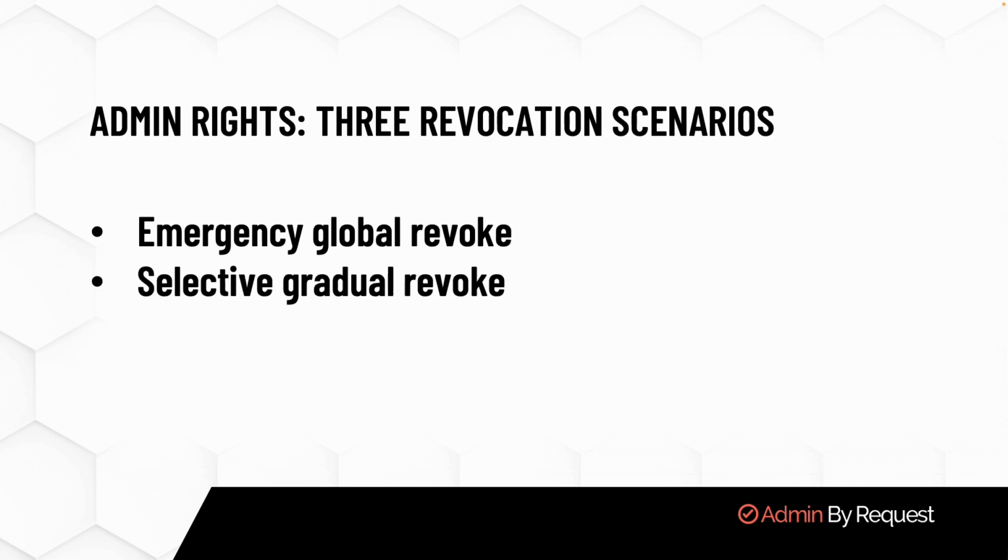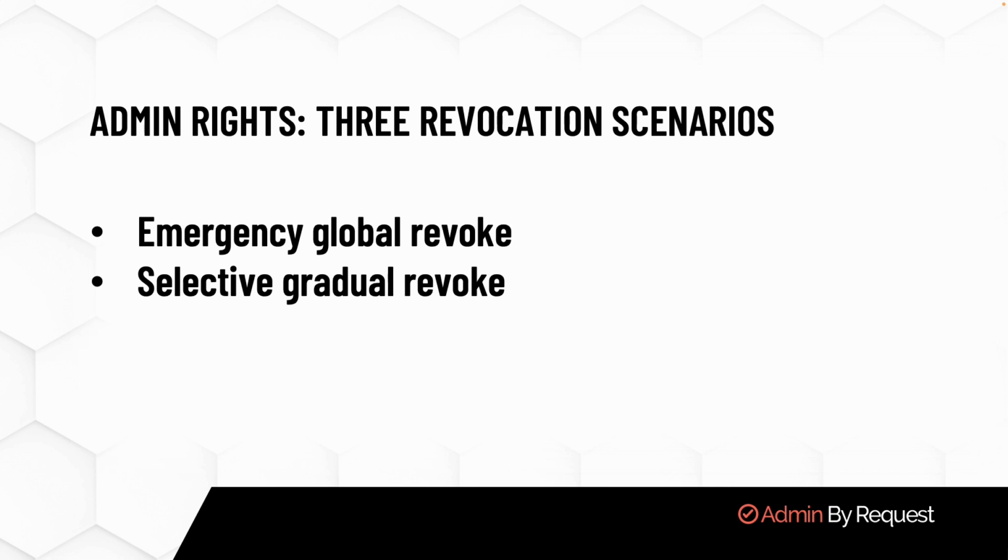Then number two would be the slightly more graceful and serene selective gradual revoke. In this situation, your threat level is low, and you've got a little time to plan the revocation so that it's done gradually. Maybe you want to do some reconnaissance first, so you get to see what users do with admin rights, build some policies, create some subsettings and user personas, and then gradually, department by department or even user by user, revoke.